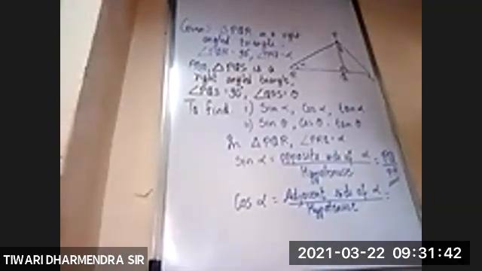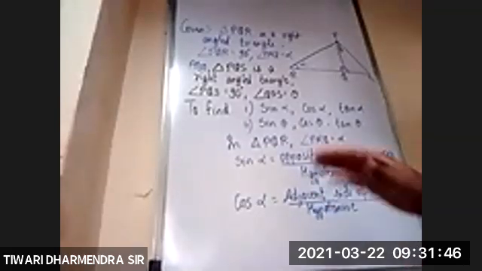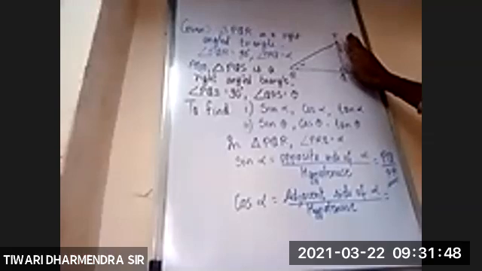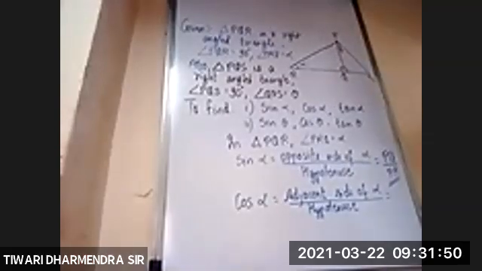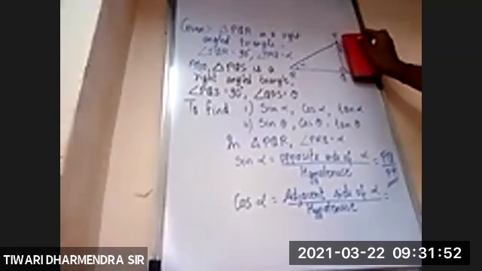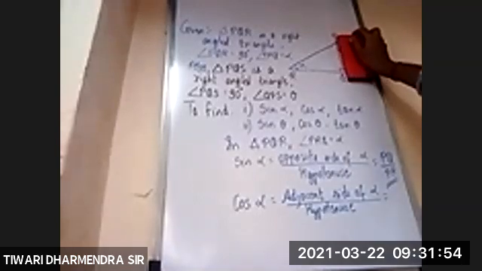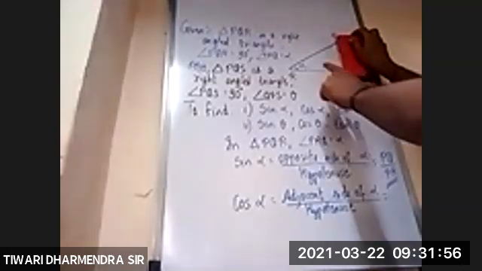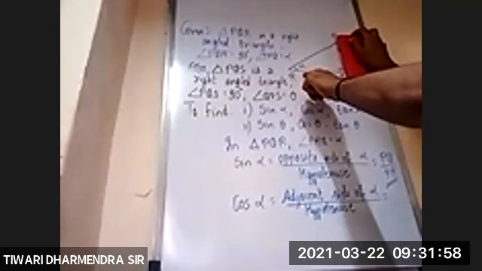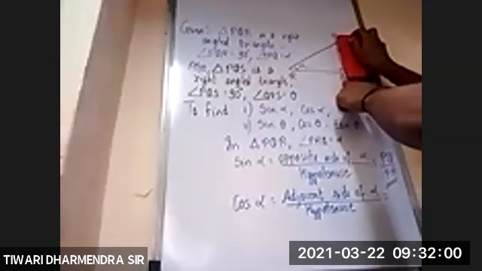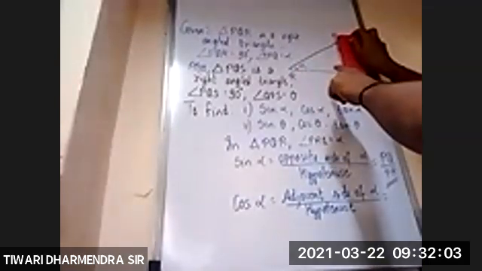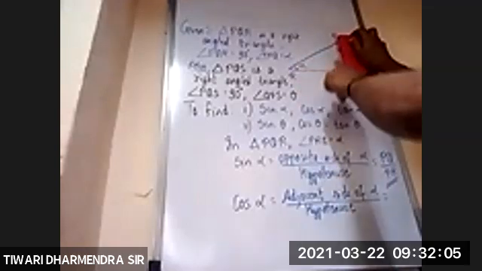So again in that same triangle, just hide this. We can see alpha is here. So adjacent to alpha is RQ and PR.